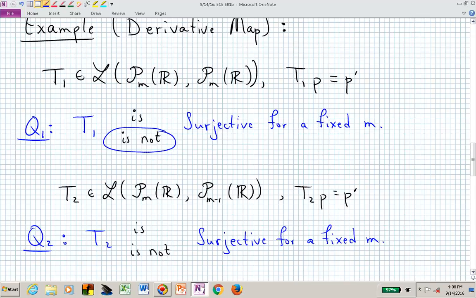So if you're playing along at home, you can pretend to vote with your thumb. Up is surjective, down is not, and at the count of 3, is T2 surjective for a fixed m, or is it not surjective for a fixed m? 1, 2, 3.